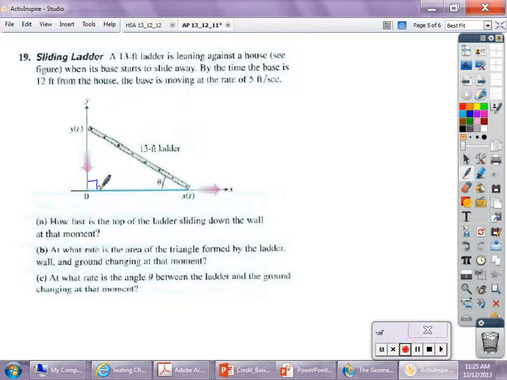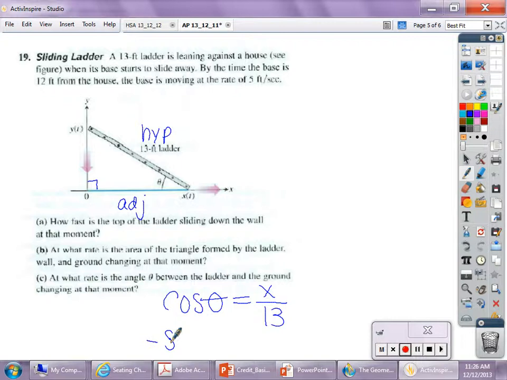So if I'm going to use this side and this side, adjacent side, hypotenuse side, for part C, what am I actually using? Cosine is way easier to use. But I can't put in the x. Make sure you don't put in the x. I believe that should work. What's cosine's derivative? Theta, don't forget the d theta dt.